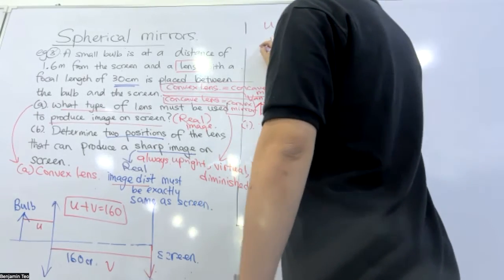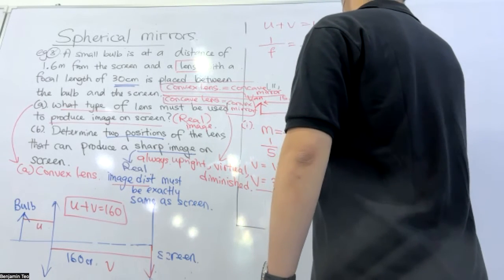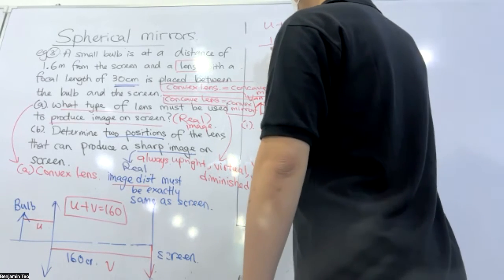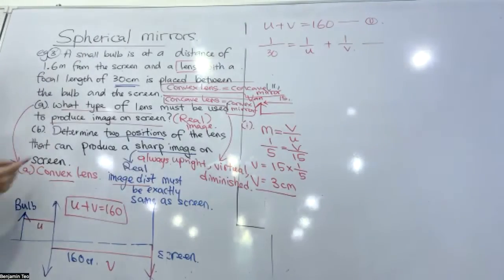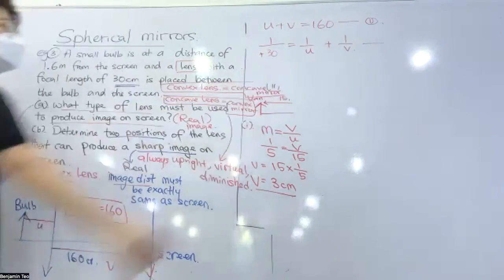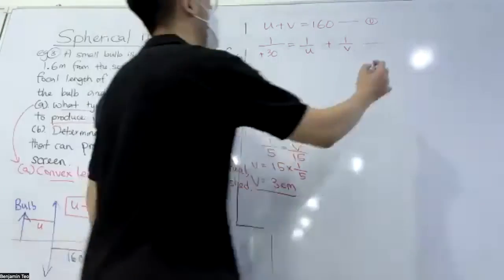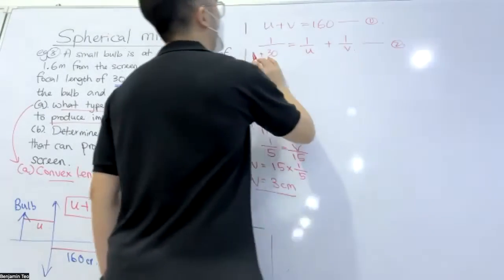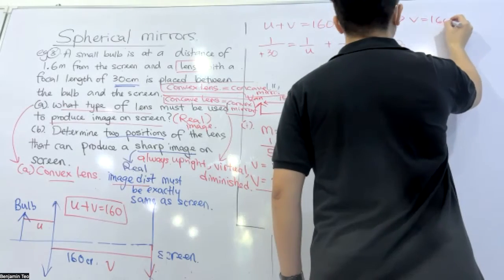Equation 2, 1 over F equal 1 over U plus 1 over V. This F is 30. It's a convex, so this is plus 30. Then you will do simultaneous. Okay, from here, make V equal 160.